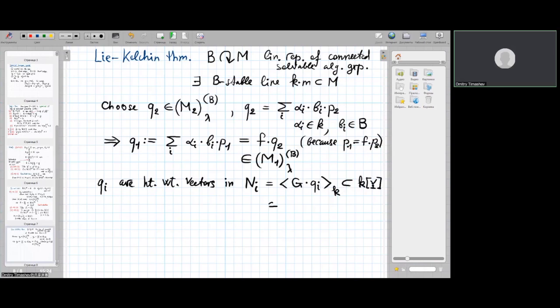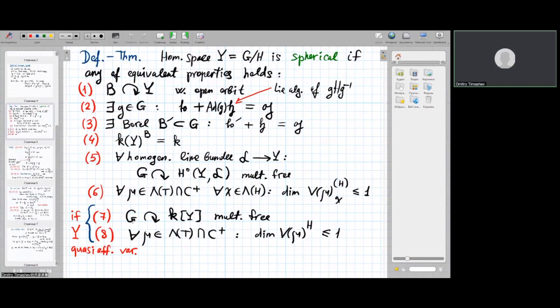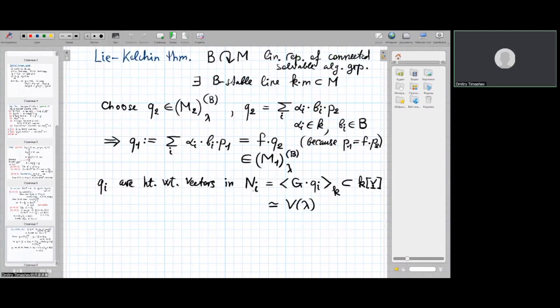So both of these G-submodules are isomorphic to V of lambda. Now, since we are proving that condition 7 implies condition 4, we assume condition 7. This means that we assume that the action of G on the regular functions over Y is multiplicity free. Since we have found two irreducible submodules of one and the same highest weight, they have to coincide. This implies that N1 is equal to N2.